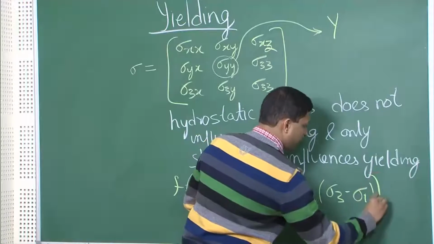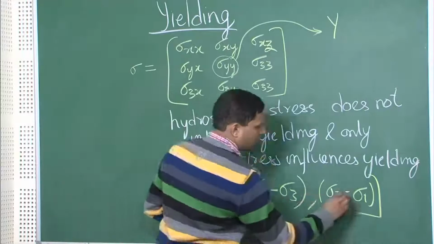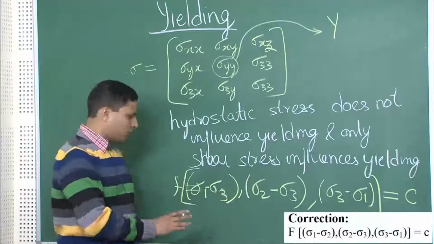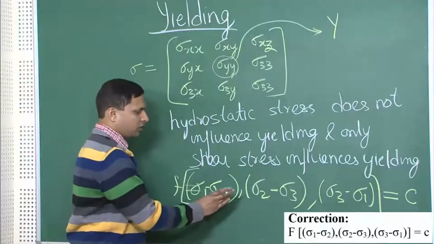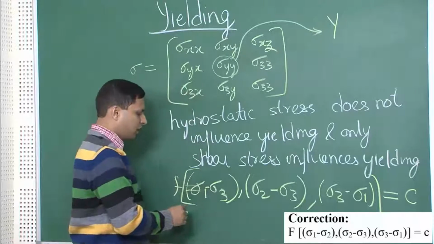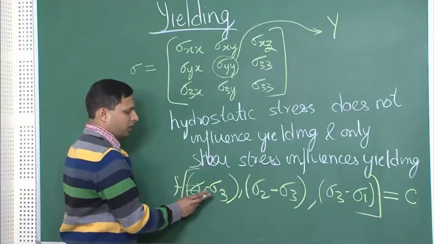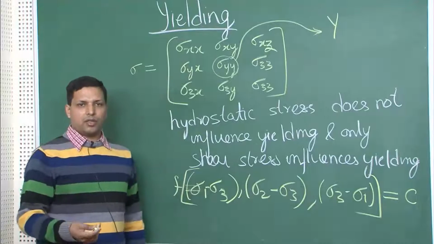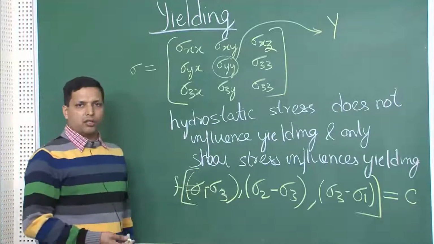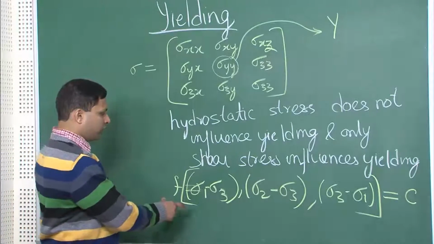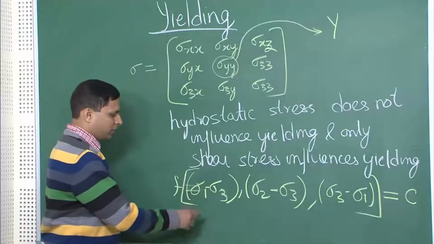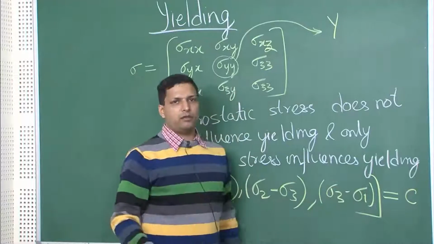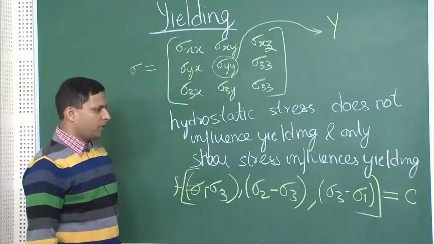When this function reaches some critical value c, we do not know what this function is right now, but all we know is that it has to be a function of shear stresses, and in terms of principal stresses, sigma 1 minus sigma 3, sigma 2 minus sigma 3 and sigma 3 minus sigma 1 all represent the 3 shear stress components. So, now we have a form of the equation in terms of shear stresses, and when this function reaches a critical value c, we will say that the material is plastically deforming or yielding.